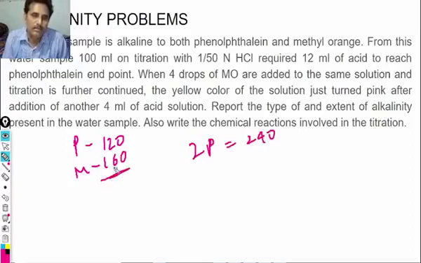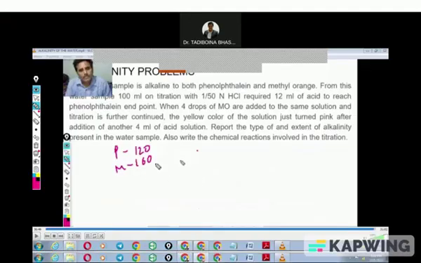No. So here P is 120 and M is 160. If you see the relation between phenolphthalein alkalinity and methyl orange alkalinity, P equals 120, M equals 160, and 2P is greater than M.